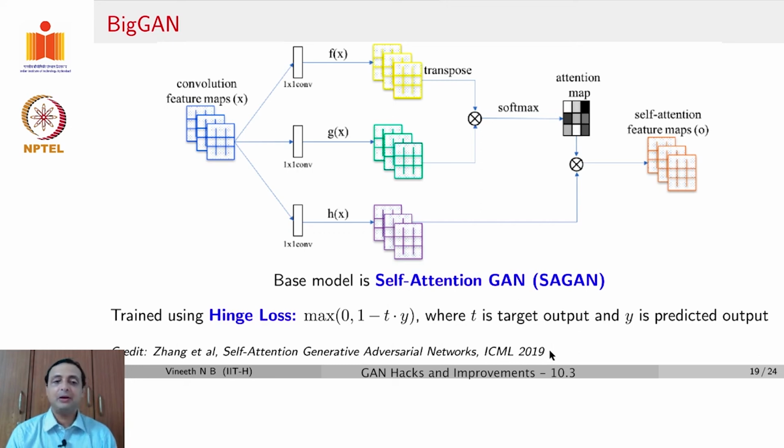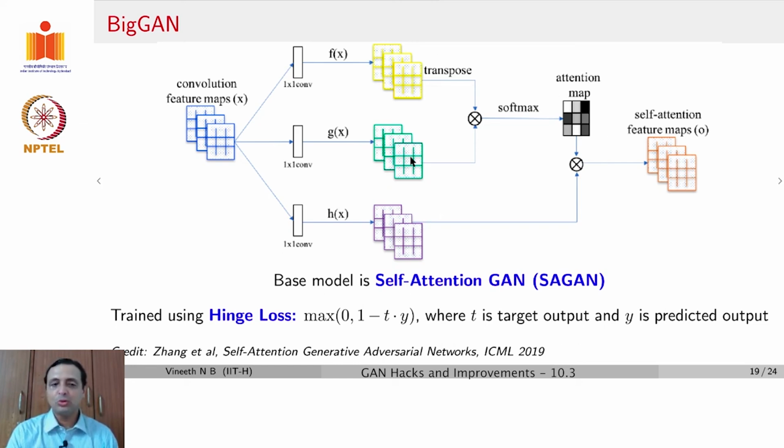It's the same idea here, where you have a set of convolutional maps as the output of a particular layer in the generator. This goes through multiple 1x1 convolutions. Certain 1x1 convolutions undergo transformations and are transposed to obtain an attention map. These three branches are very similar to the query, key, and value of the transformer architecture. You could consider them to be similar at least.